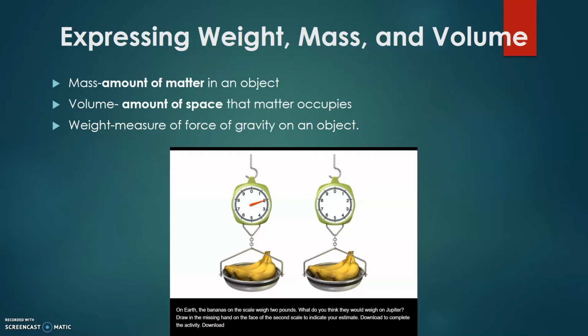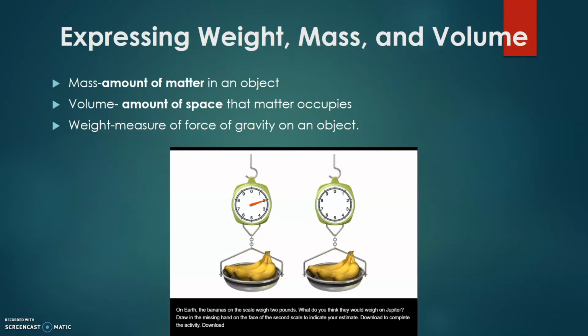Now, we're going to look at this diagram right here. You also have it in your book. On Earth, the bananas on the scale weigh 2 pounds. So we're talking about weight here. What do you think it would weigh on Jupiter? Draw the missing hand on the face of the second scale to indicate your estimate. Remember, this is an estimate. I will tell you that the force of gravity is greater on Jupiter.